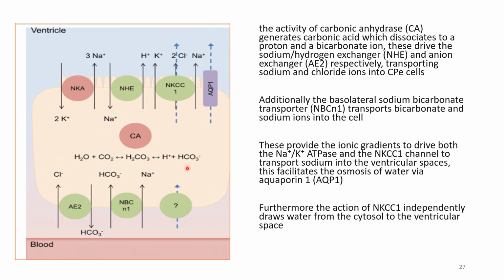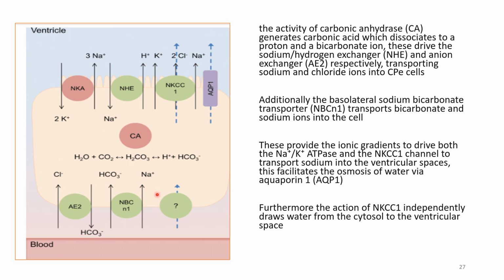It is generating carbonic acid, that is H2CO3, by combining water and carbon dioxide. So H2O plus CO2 combined together give H2CO3. Then it dissociates into H+ ion and HCO3- ion. So a proton and bicarbonate ion will be formed.